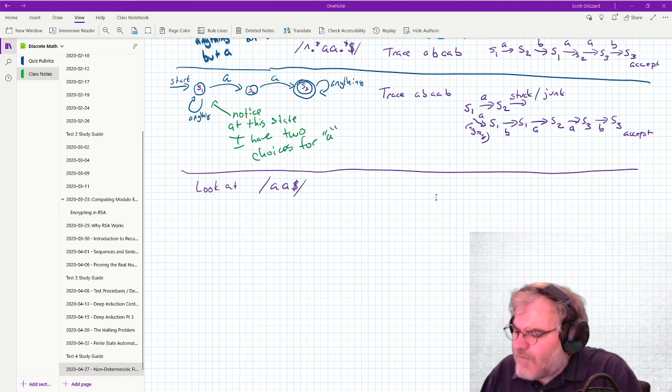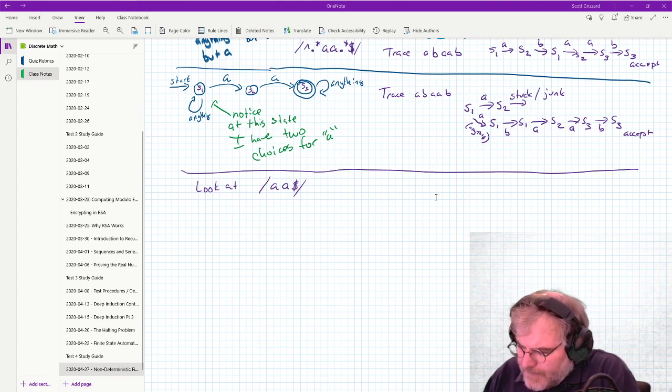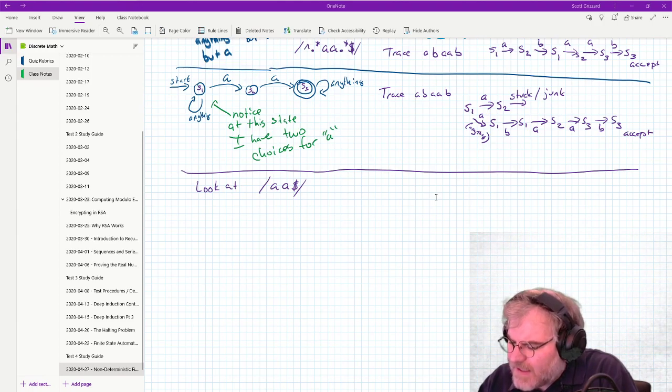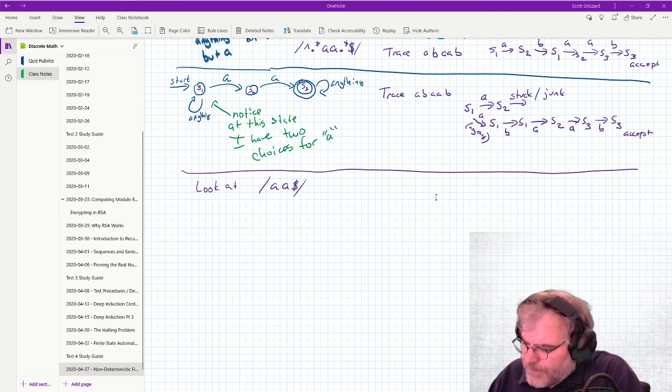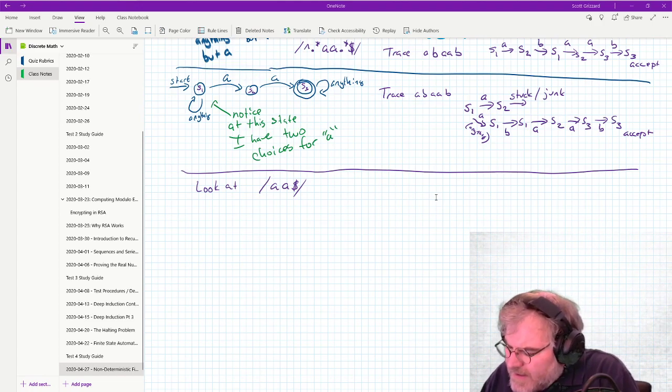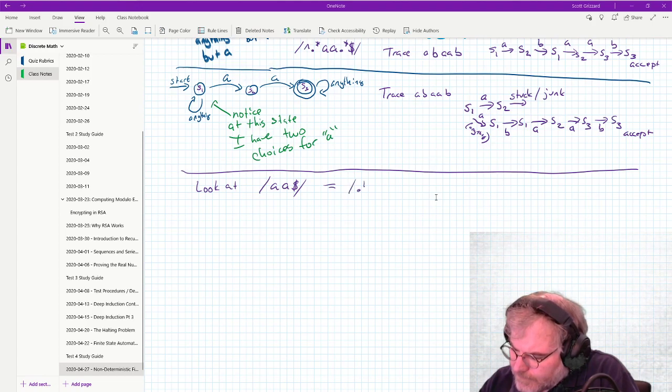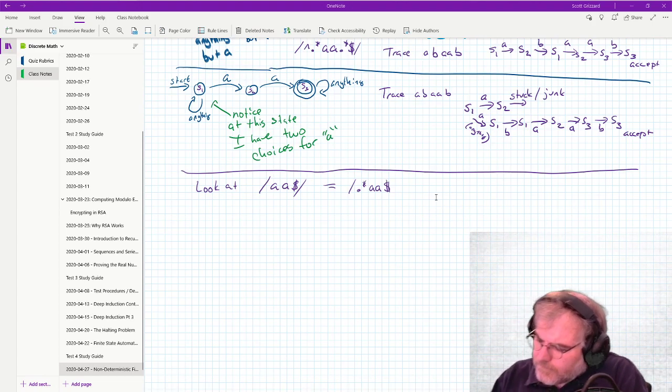Now, if I don't have an initial, but I do have a terminal, how can I write this language? Well, this is the same as saying the following.